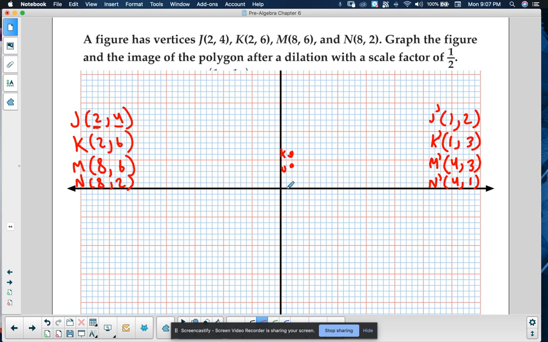So we'll go 2, 4, so that's 10, 3 more, 8. And then 6 is 2, 4, 6. This is M. And then we have N at (8, 2). So 8 and 2. All right, so here's our shape.